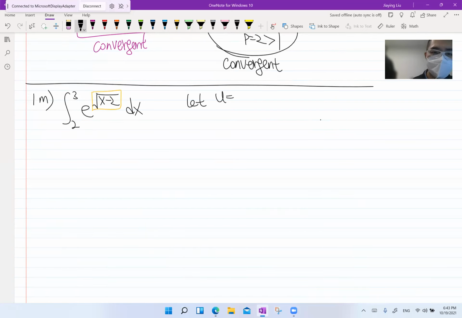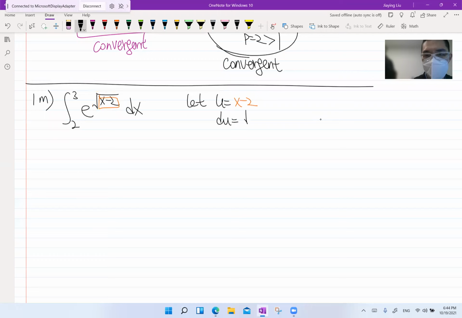I was going to try u equals the square root of x minus 2 directly, or maybe I should do the other one? You know what? I regret it. Let me take it backwards. I'm going to let u equal x minus 2 to make the integral a little bit better.